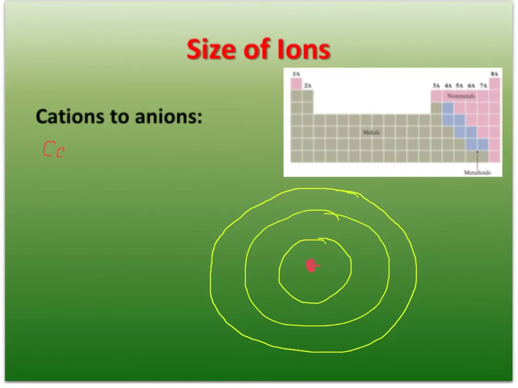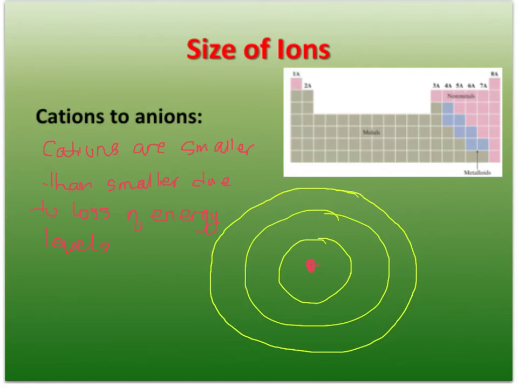So we know that cations are going to be smaller. And all this is in the same energy level. So as we go left to right, we can see that. So they're going to be smaller due to loss of energy levels.